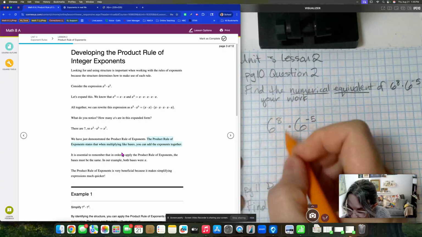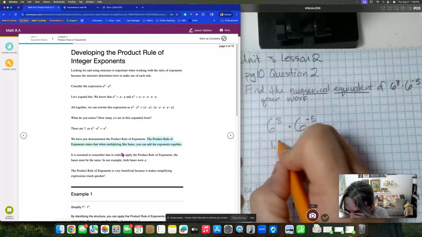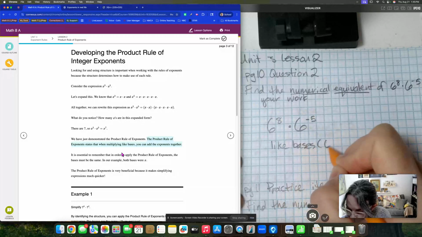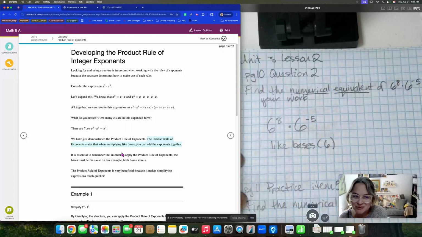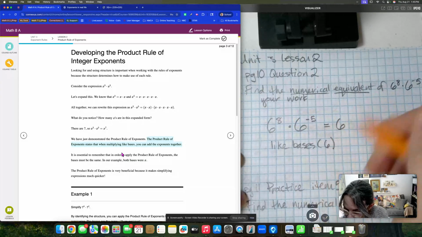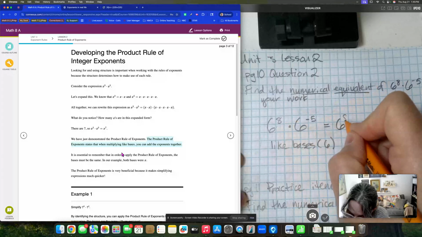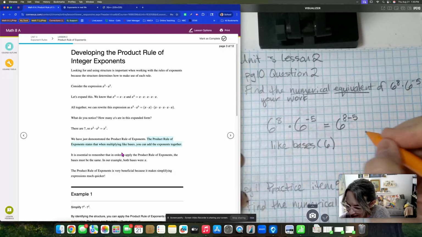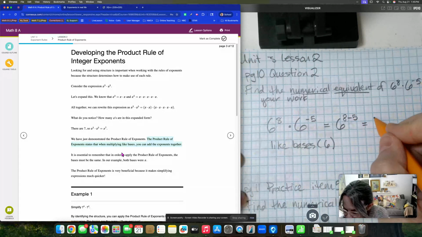Okay, what I'm noticing here is that they have like bases. They both have 6 as the number that they're multiplying. The rule says that we can add the exponents. So this will be 6 to the power of 8 minus 5. All right, and then 8 minus 5 is 3.